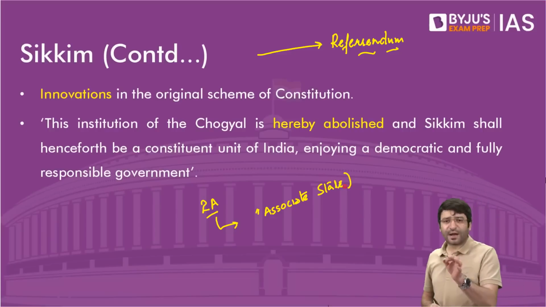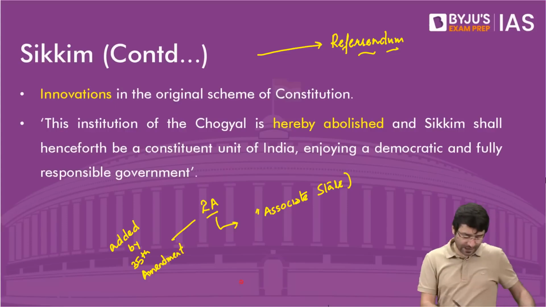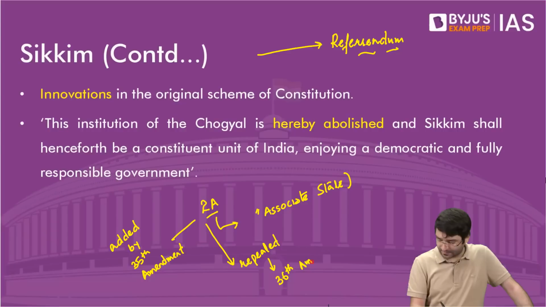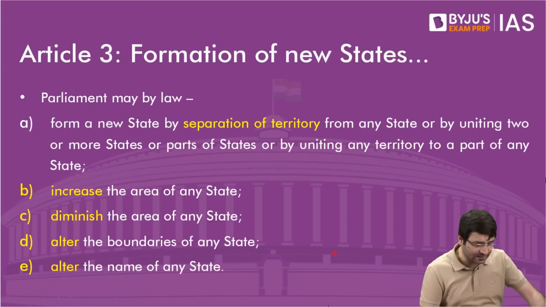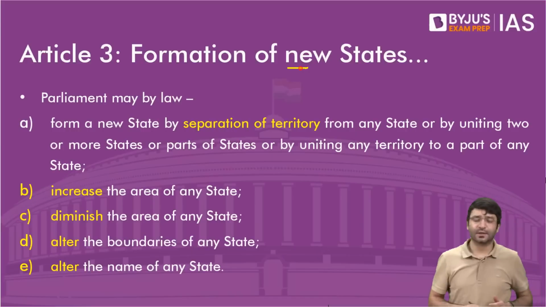This Article 2 capital A was added by the 35th Amendment, and this Article 2 capital A was repealed, deleted by the 36th Amendment. Clear? Now let's look at Article 3, formation of new states.